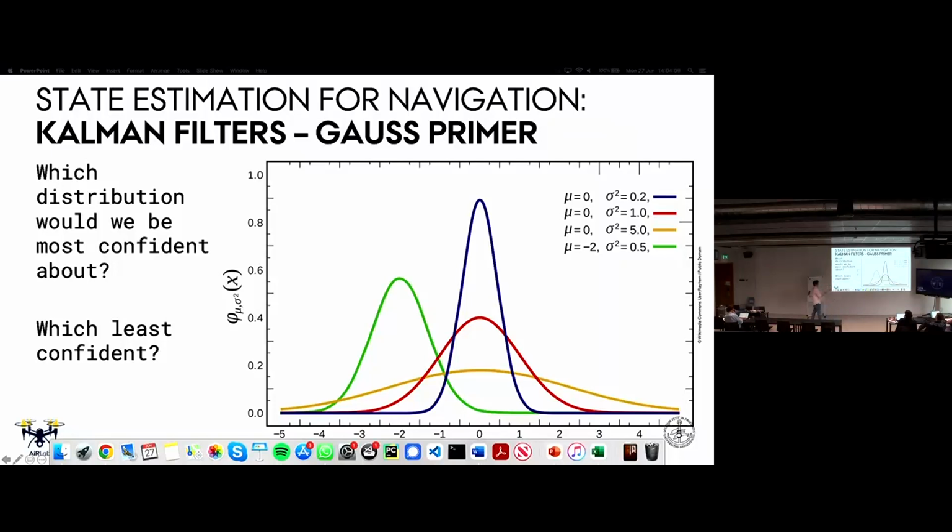So if you were to see which one is the most likely, the one we are the most certain of, then I would say that the blue one obviously is, because of the low uncertainty that we have as encompassed by the standard deviation. And conversely, the most uncertain, I would say, is the yellow one because of the relative size of it, right? So I hope that's understood, because that's going to be the, yeah, okay.